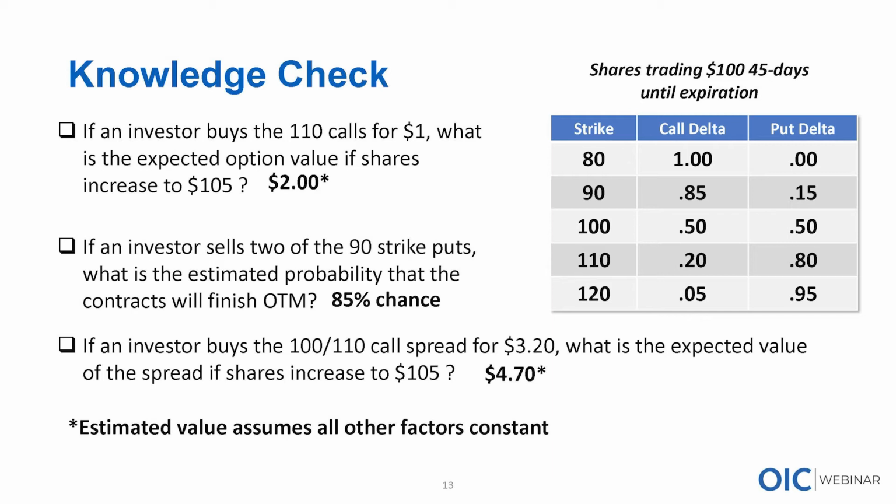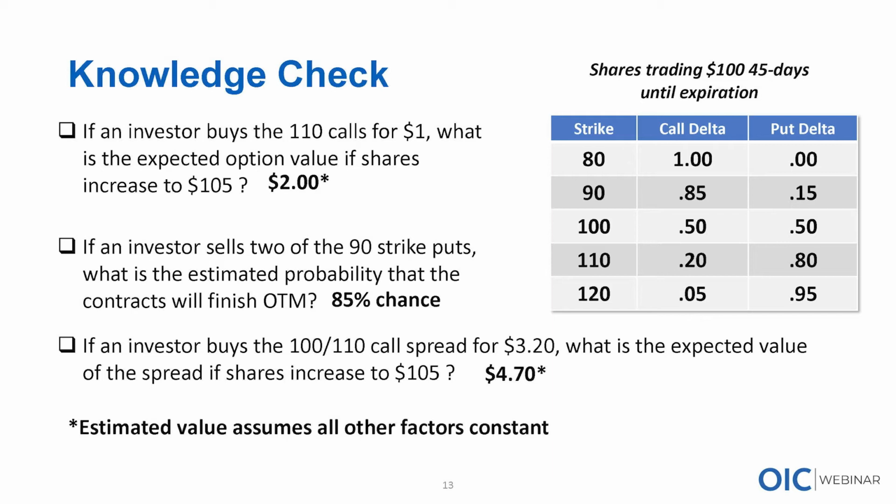Let you think about it for a few seconds. Well, if the option has a 15 delta, it has a 15% chance of being in the money. It would have an 85% chance of finishing out of the money. And if we're short it, that's what we want. We want that option to finish out of the money. So it has an 85% chance of finishing out of the money.